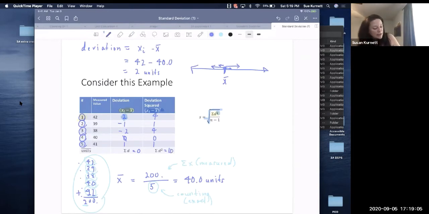So for my standard deviation, I'm going to take the square root of the sum of the deviations squared, and I'm going to divide that by the number of trials minus 1. I had 5 trials, minus 1 is 4. So I need the square root of 2.5. 10 divided by 4 is 2.5. Square root that, and I get 1.58 1138830. My calculator does not understand sig figs.